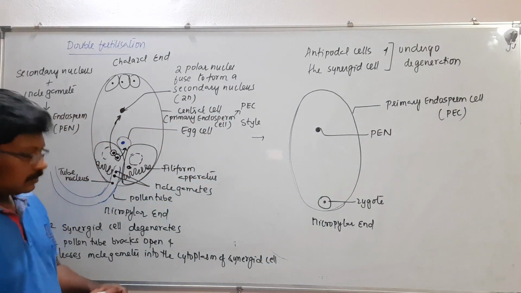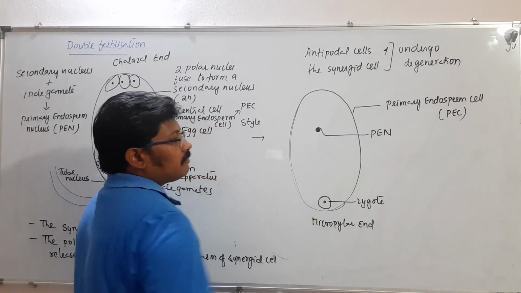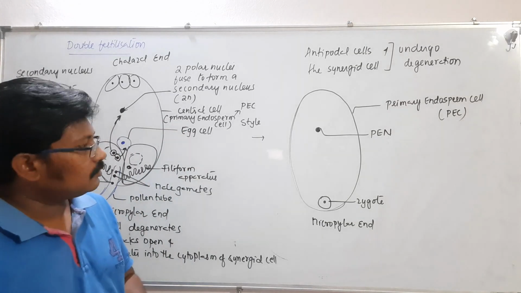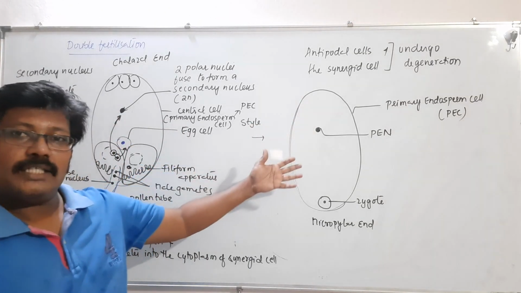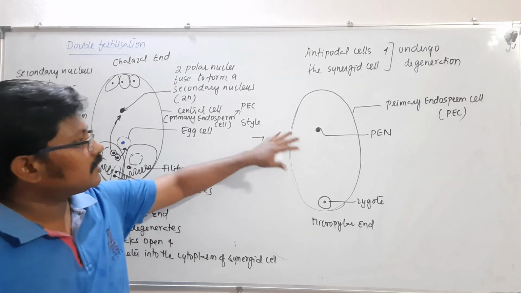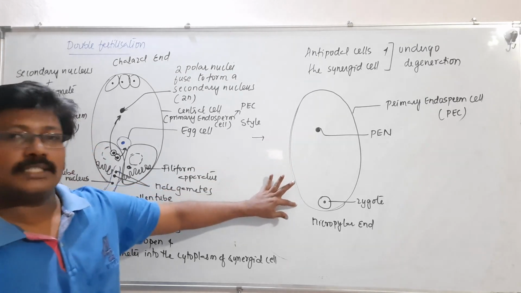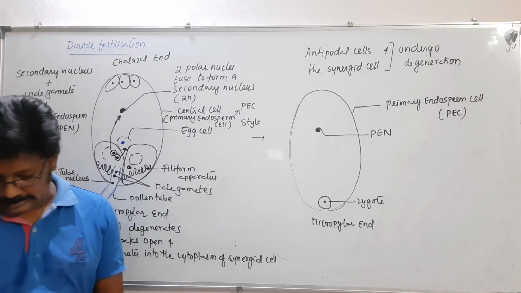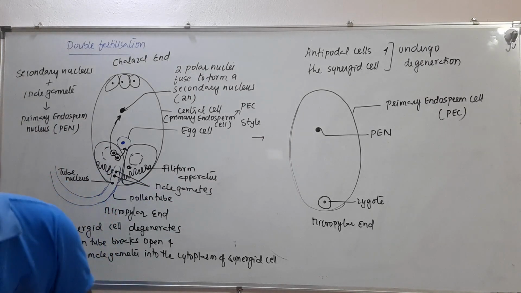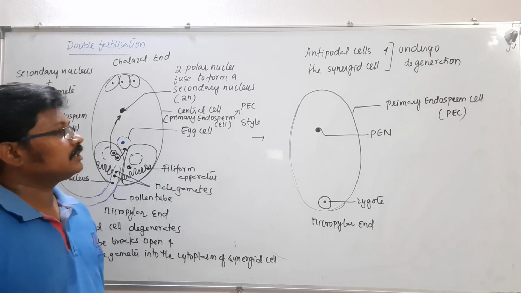Now this zygote will start dividing, but before that, the primary endosperm nucleus divides, and after the formation of some endosperm, the zygote starts dividing. All that we will see in the next video as the post fertilization events.